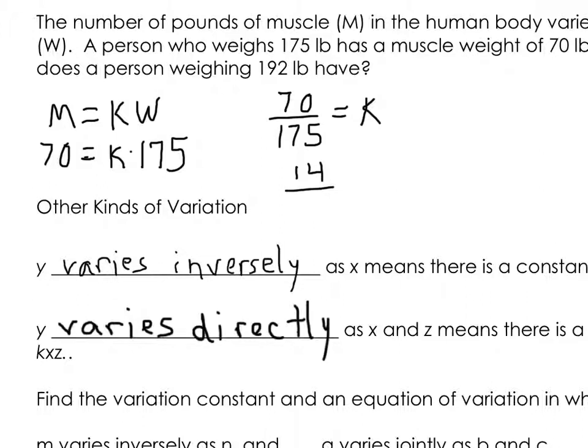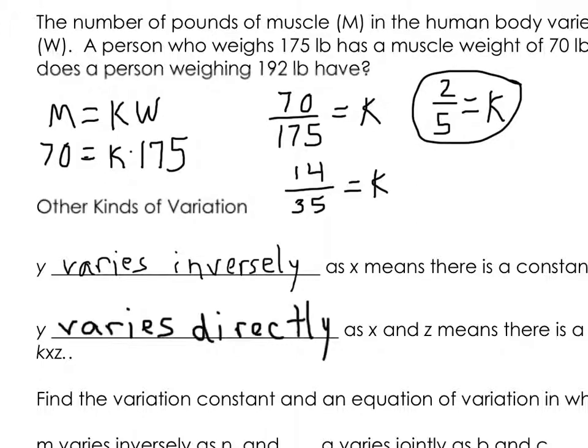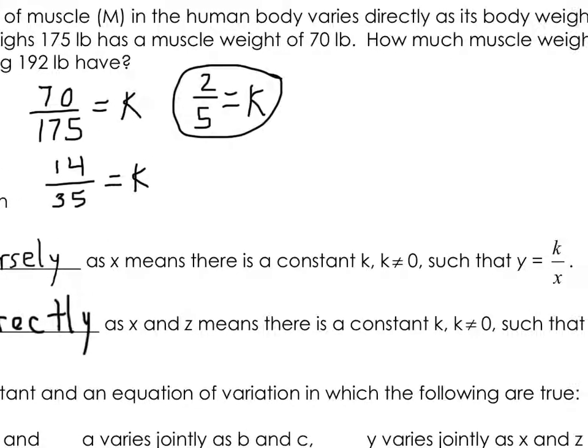How about the denominator? 35 in the denominator. Both of those are evenly divisible by 7. So let's divide by 7 and we get 2/5. That's our K value. We always need to know what our K value is.